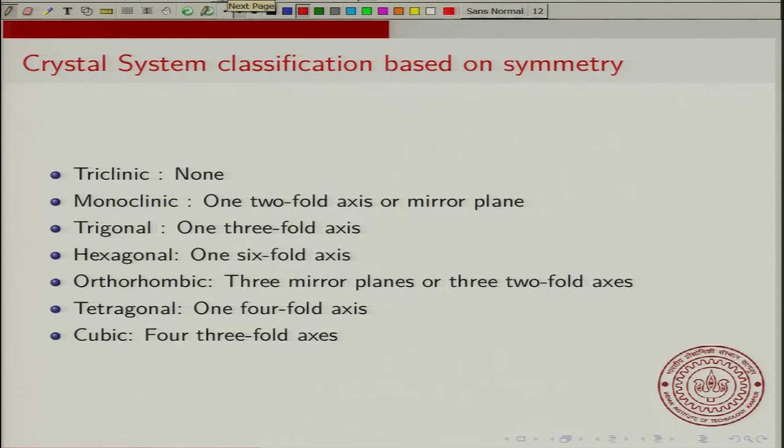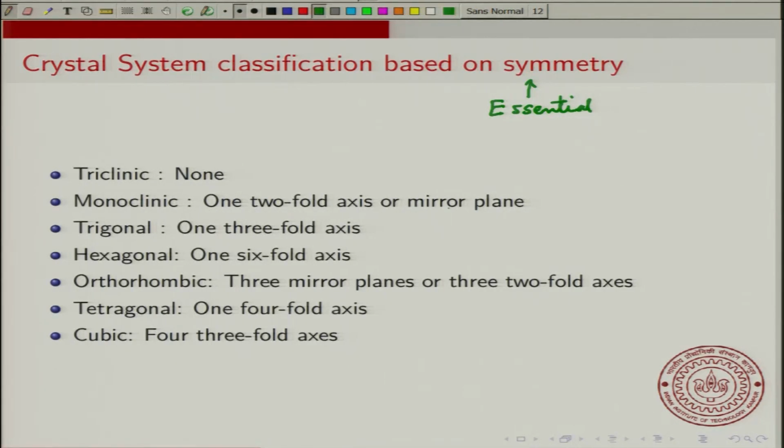Okay. So in the last lecture we saw the crystal system classification that was based on symmetry, and again we emphasize that this is what we call the essential symmetry. And we said that a triclinic system has no essential symmetry, and we had different systems.